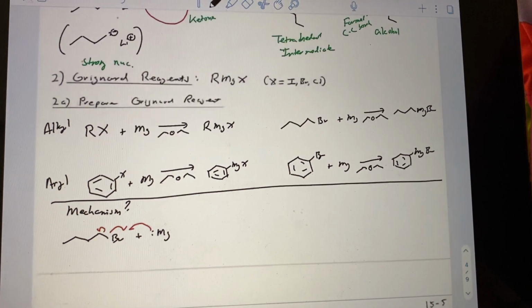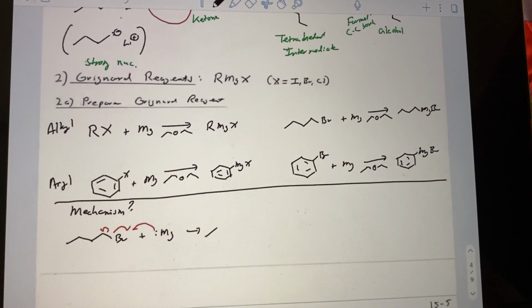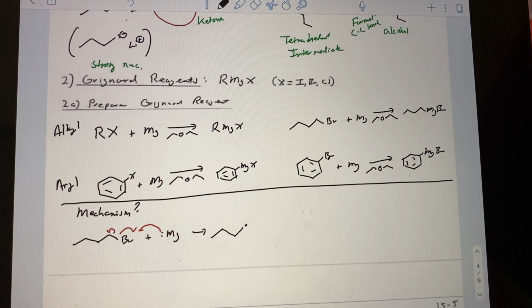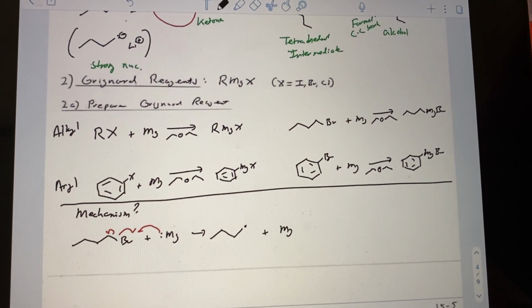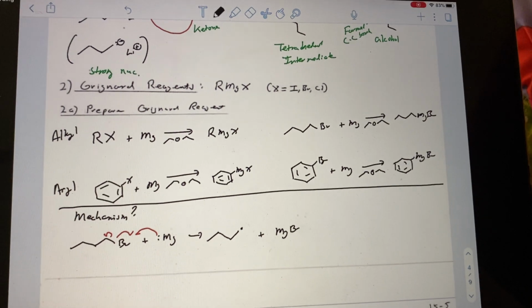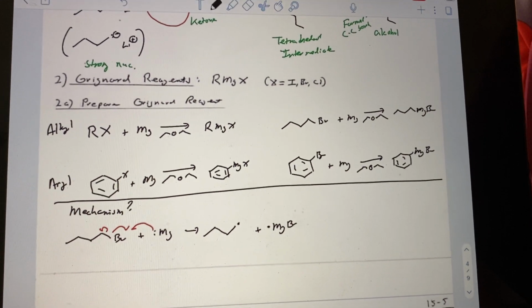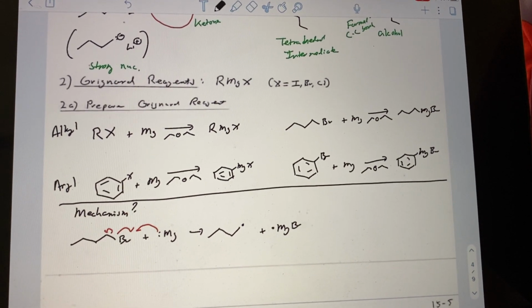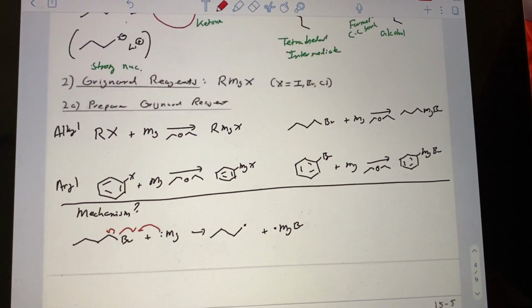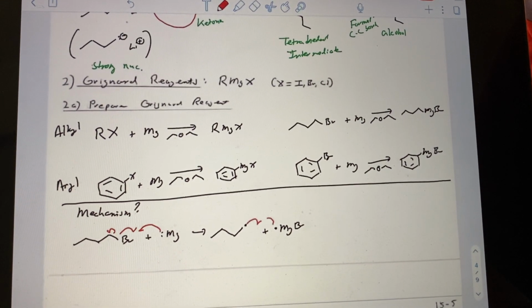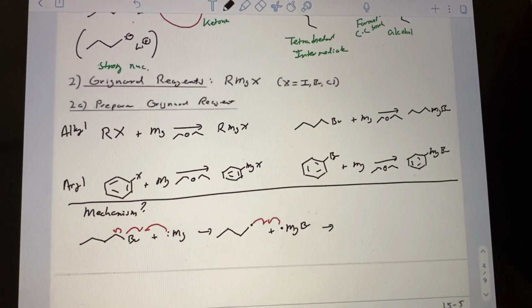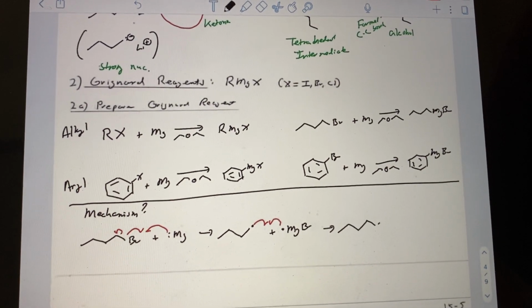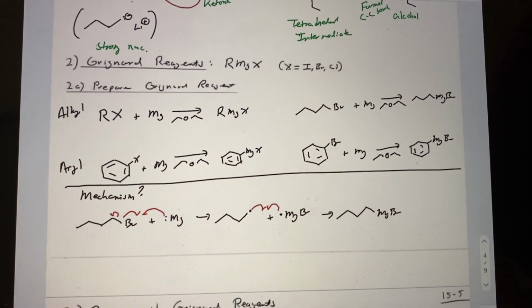Seems weird because it's a primary radical, which we know is unfavorable. So we have our primary radical, plus now Mg, I'll put the bromine on this side with another radical here. And so now we could have a second step where we have these two radicals come together. Still have our 4 carbons, MgBr.